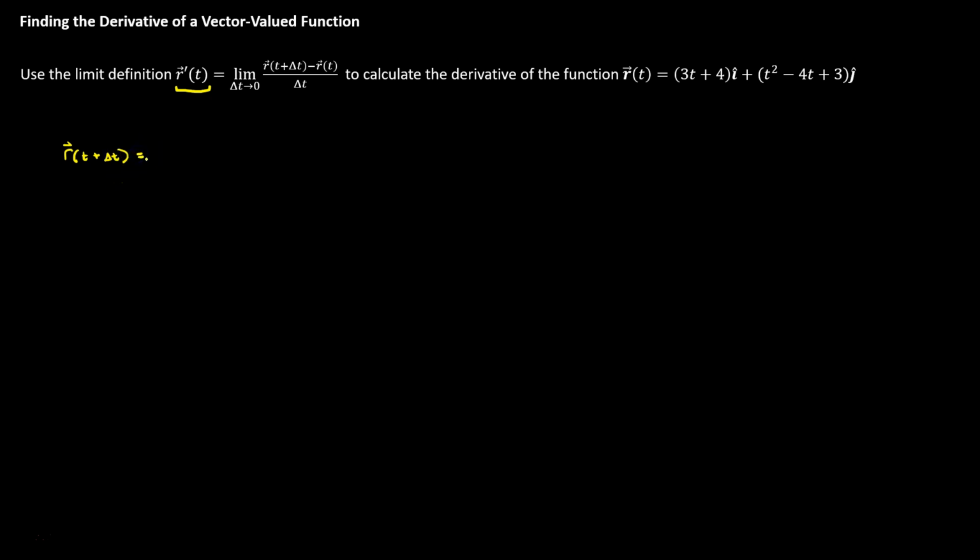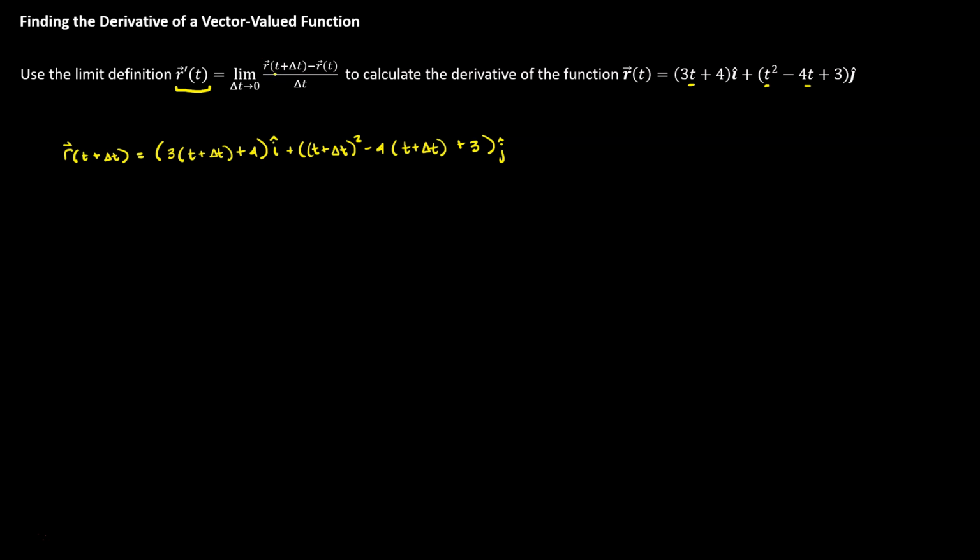We're just going to replace all of the t's in this vector function with t plus delta t. Now that is going to go in the numerator to replace r evaluated at t plus delta t.